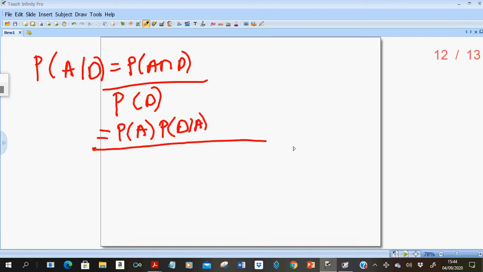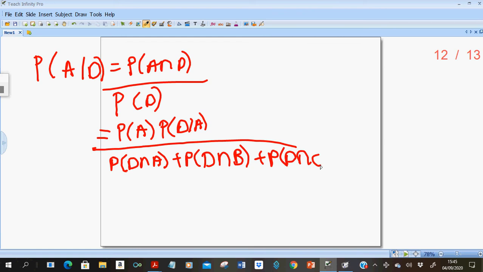But we know that this is the probability of D intersection A plus the probability of D intersection B plus the probability of D intersection C. Okay, but D intersection A we're not given, so we use the conditional probability.